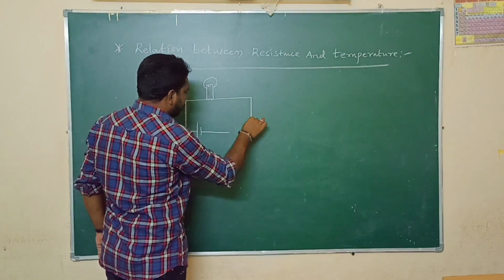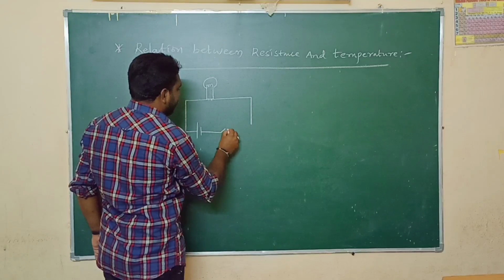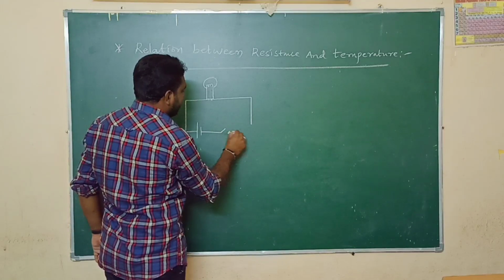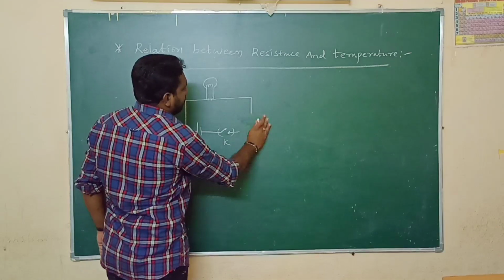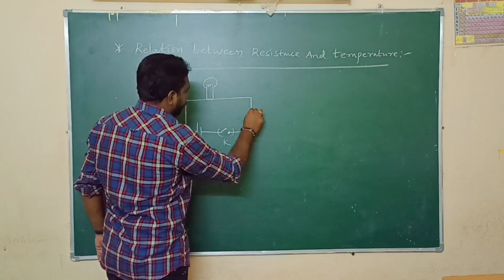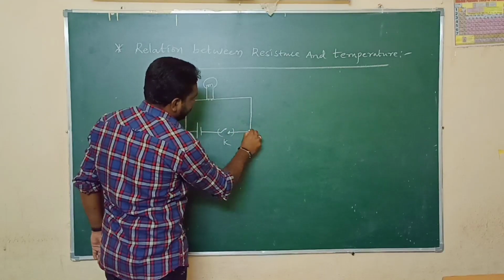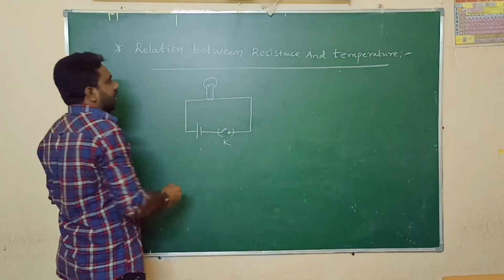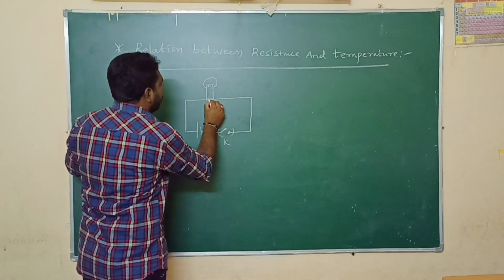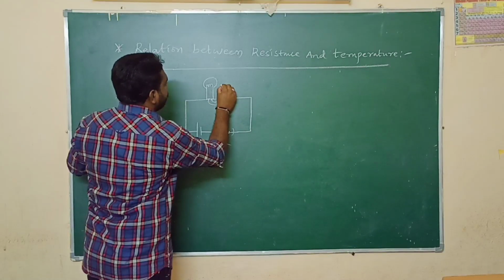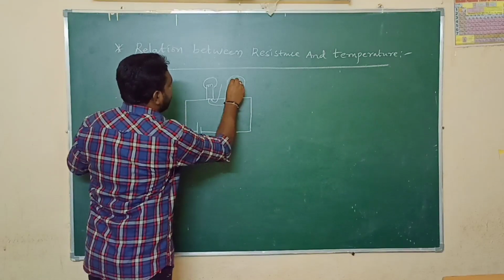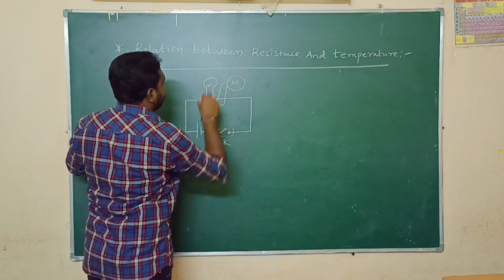And next, we have to arrange the key. So this is regarding the circuit. And here additionally we should connect the multimeter. So this is considered as a multimeter here.